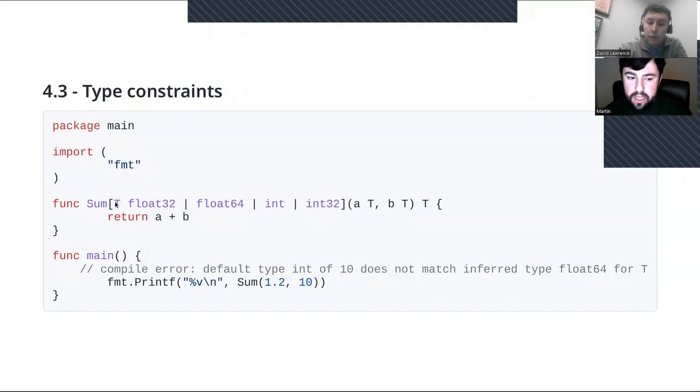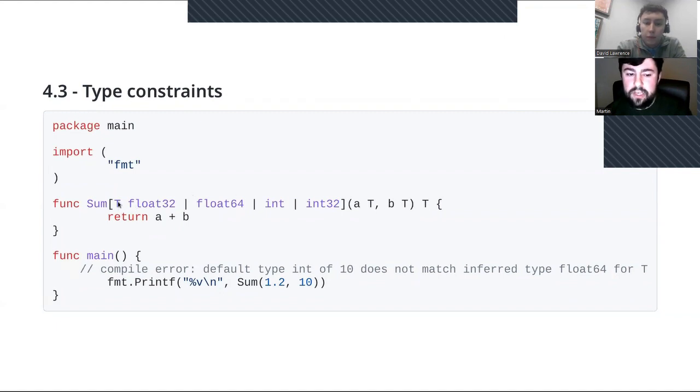So I could have T, a type constraint, comma, another letter like U, and then another type constraint, and I could just use them here as the types for the parameters and for the return value. So you could have multiple, and you can combine them in a way, right?